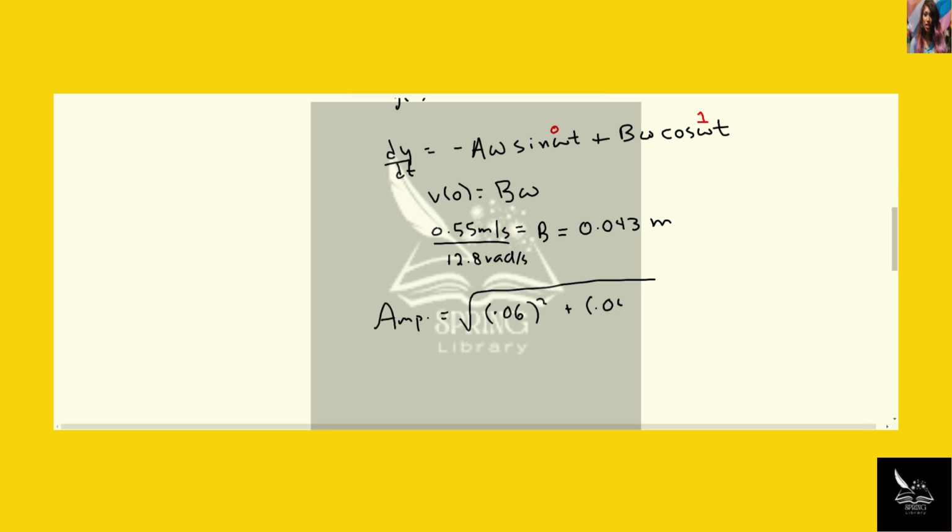That can be proven with a little bit of trig identities. But we'll go ahead and use this knowledge, and we find the amplitude is a little over 7 centimeters. So yeah, we're assuming no damping or very low damping, which we know is never the case, that it's totally zero.